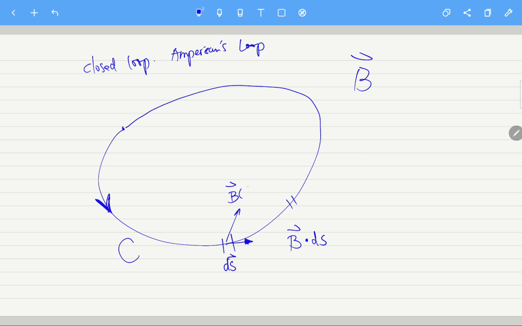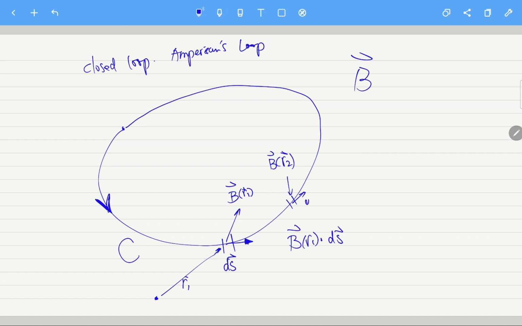at point r1. Maybe we have an original point here, so this is actually r1. So we have a B of r1 dot ds for this point, and then maybe for the other point we have a B of r2 here.